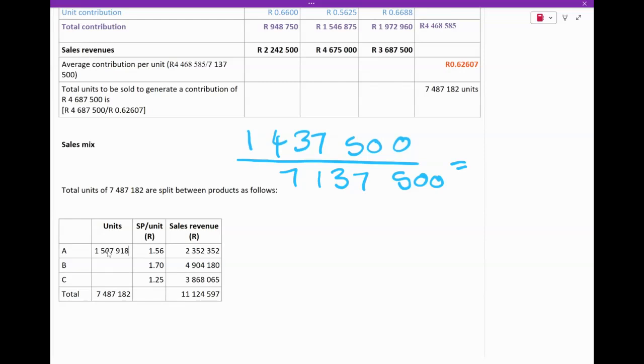You can't round down. The fraction is 0.45 that I got. You can't round down. Actually you're right, because this is units.